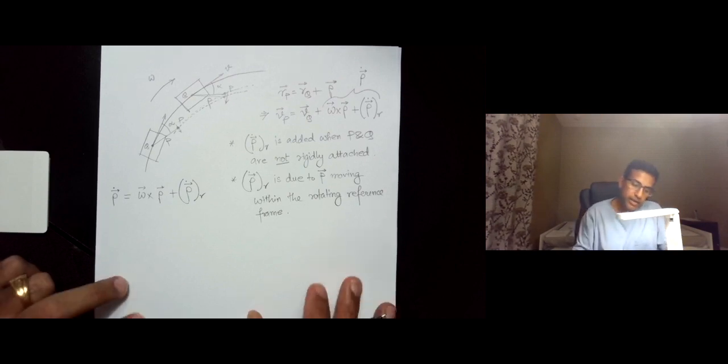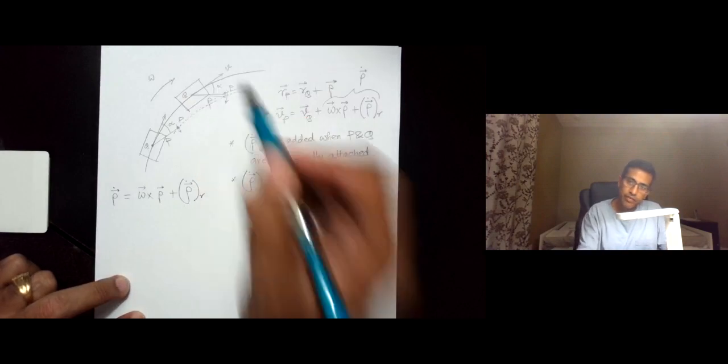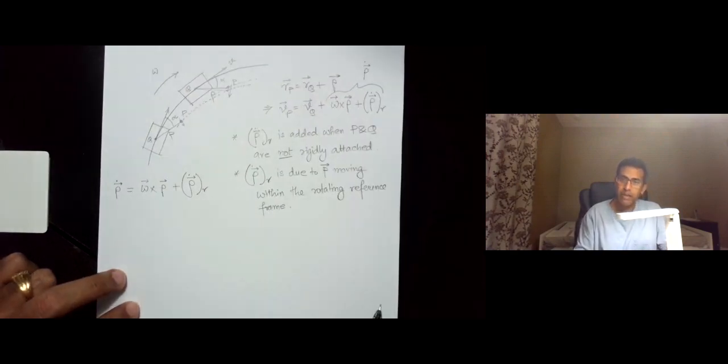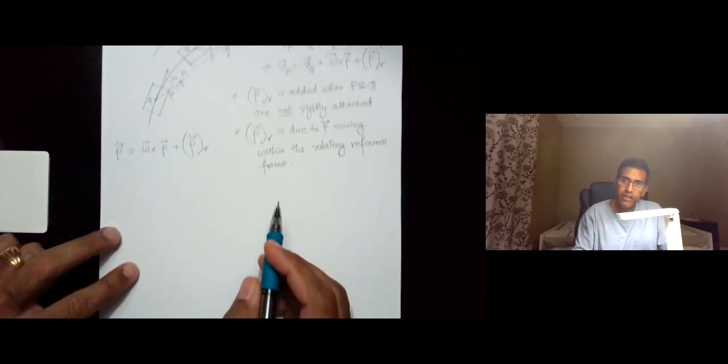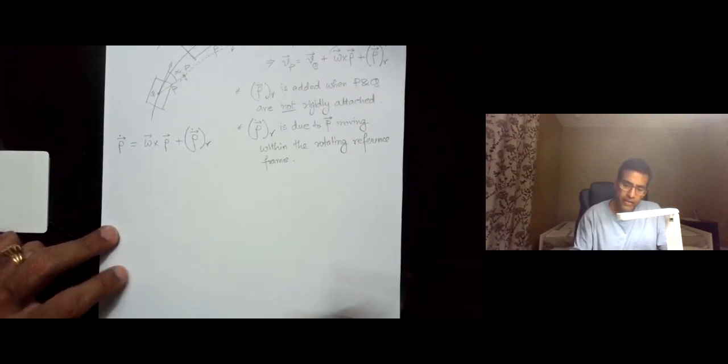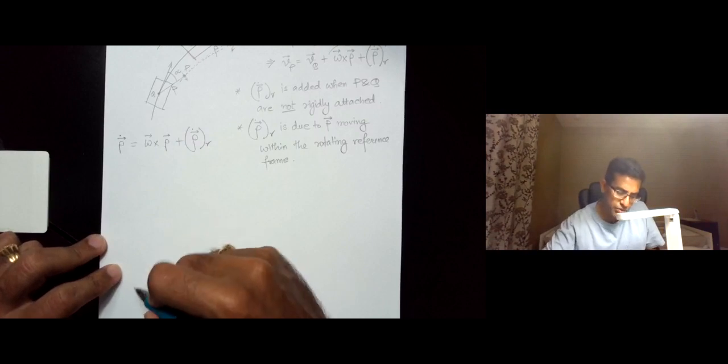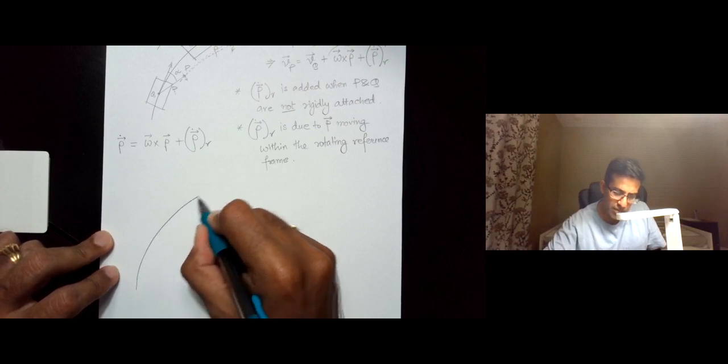Okay, so anytime there is this relative motion that is happening within the rotating frame, then this term gets added. You can look at this vehicle turn scenario and show this relative motion within a rotating frame by taking another similar example.